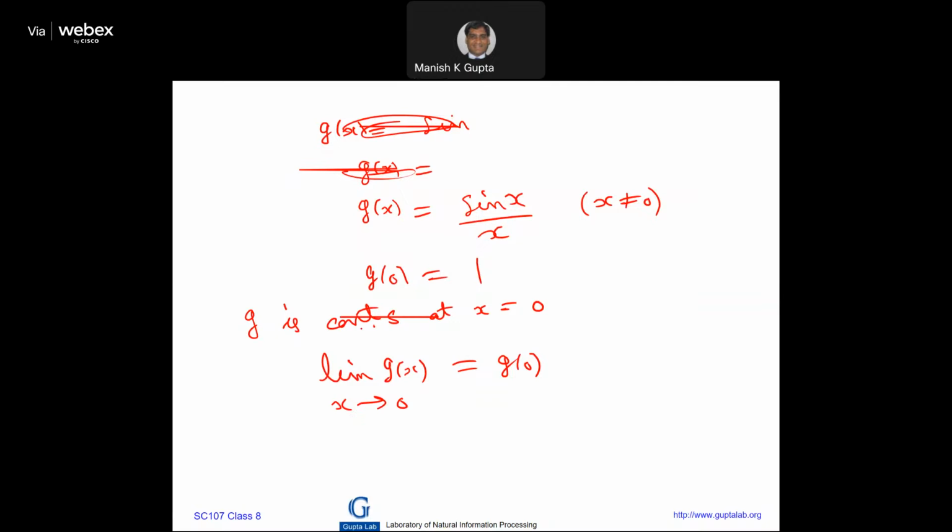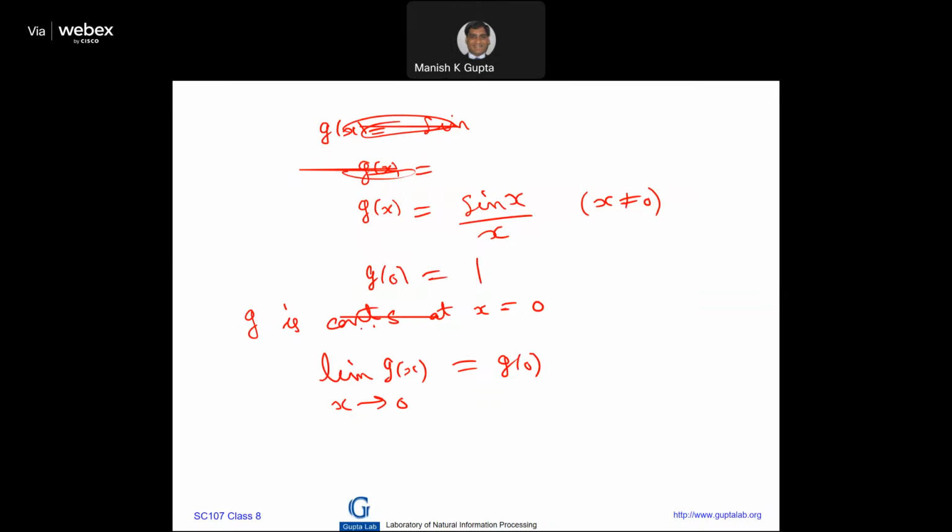Tea-time problem number 1: give an example of a function which is continuous exactly at one point on the real line, nowhere else.